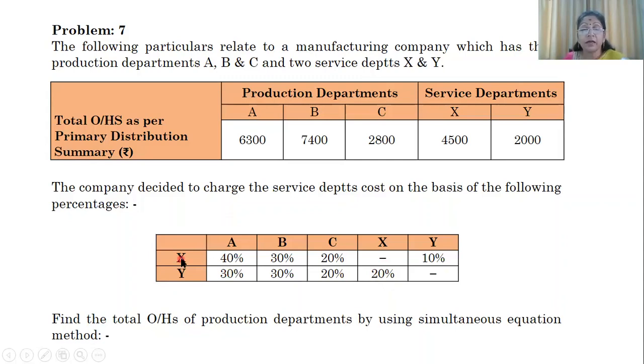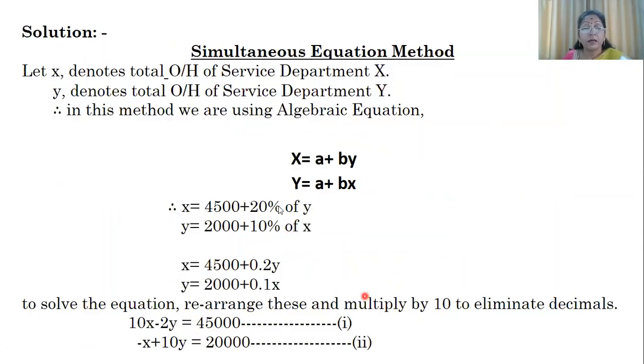Then Y is 10% in X. Right. Here X is equal to 4,500 plus 20% of Y. Then Y is equal to 2,000 plus 10% of X.